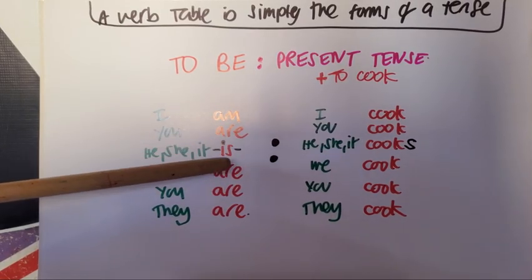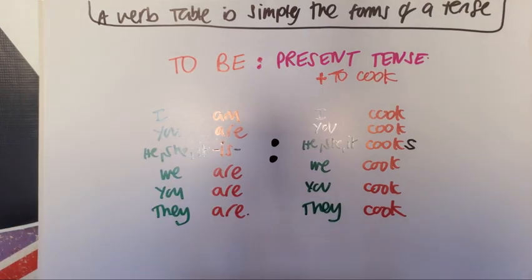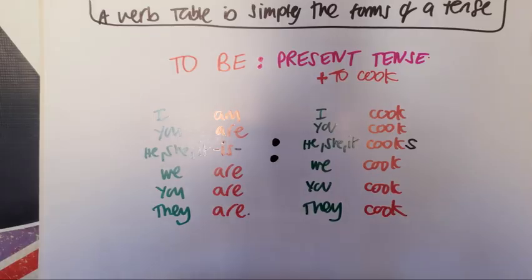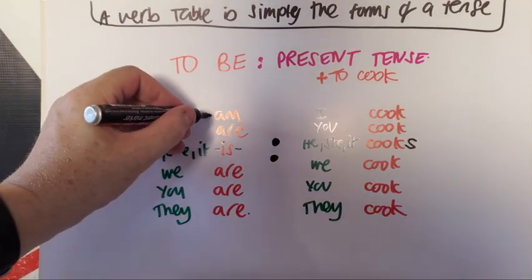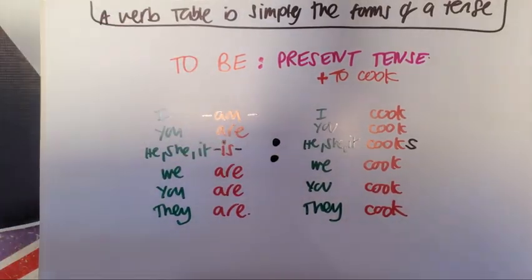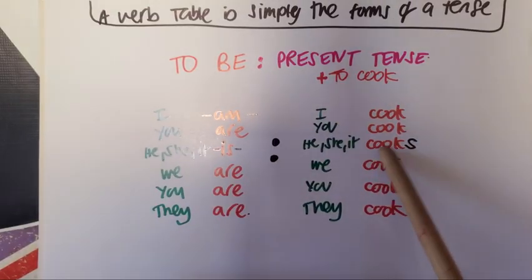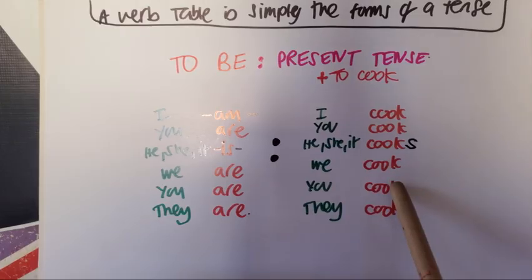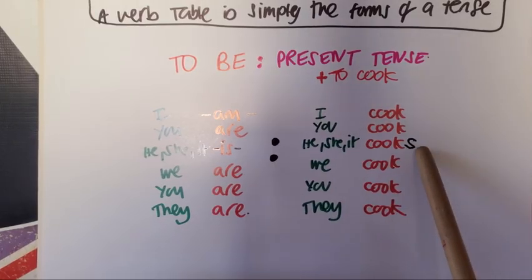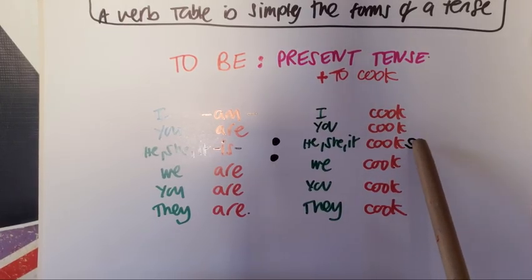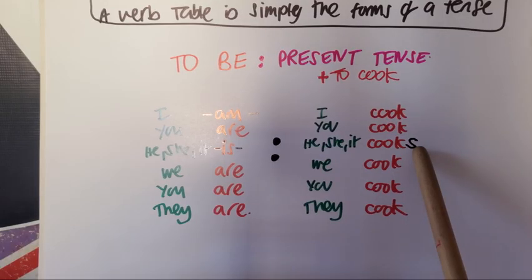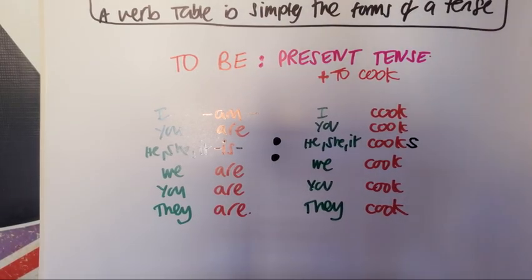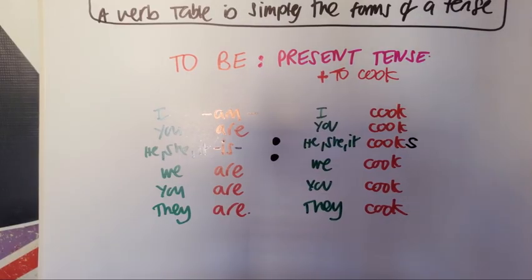Otherwise, it's are. With to cook, you have I cook, you cook, he cooks, we cook, you cook, they cook. The only change is what's called the suffix, and the only one is with he, she, or it cooks. I am, you are, he is, we are, you are, they are.